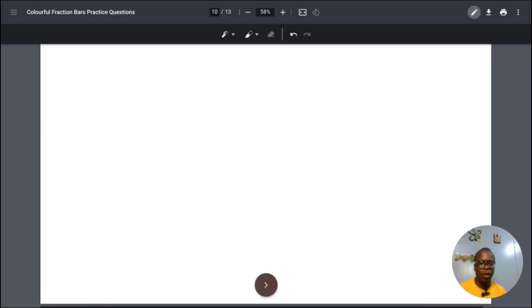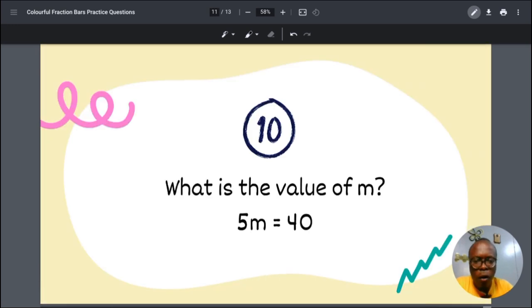So let's go to the last question quickly. What is the value of m if 5m equals 40? Now remember when I was working the unknown the other time, when it says that someone doubles the number, I did 2 times m. In this case we have 5m, and 5m actually means 5 times m.